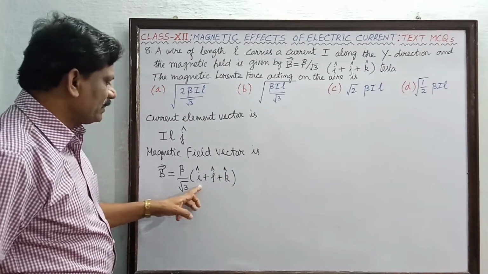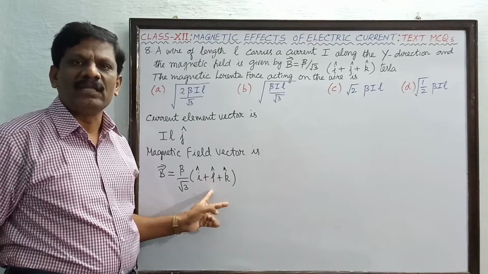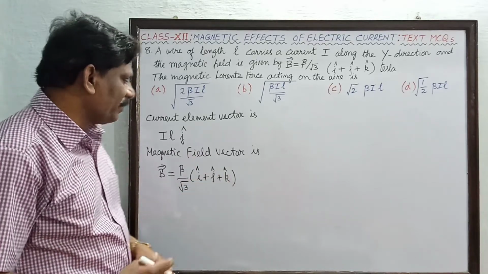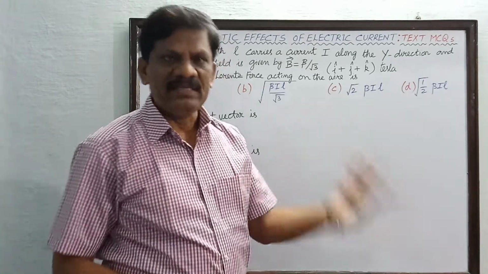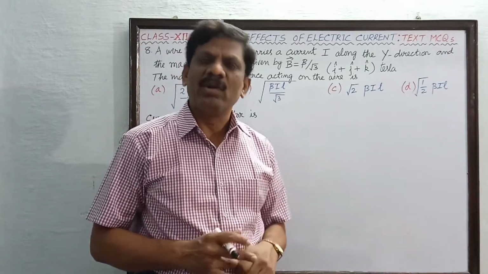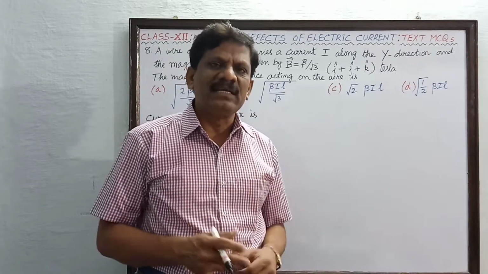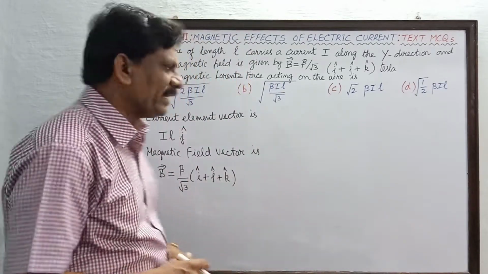So i cap is a unit vector along the x-axis, j cap is a unit vector along the y-axis, and k cap is a unit vector along the z-axis. Now we have to find the Lorentz force, first in vector form and next in scalar form, that is its magnitude.